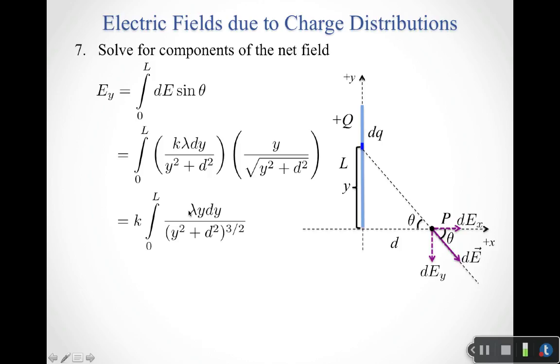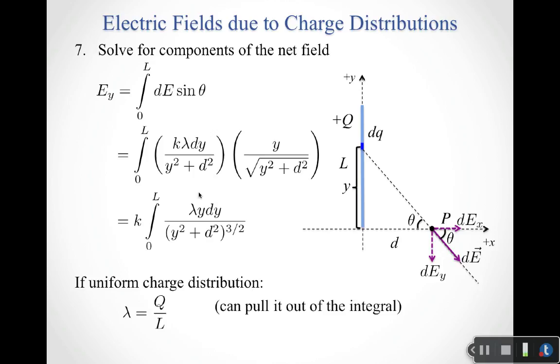I've got dy and the y squared plus d squared term, which have to stay in. And again, it becomes, what do I need to do with lambda? If we've got a uniform charge distribution, then it's just a constant, q over L, and that can come out of the integral. Otherwise, lambda will have some functional form that depends on y, and it'll be left inside the integral.